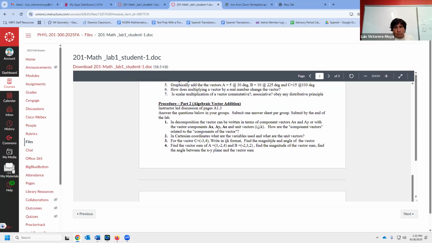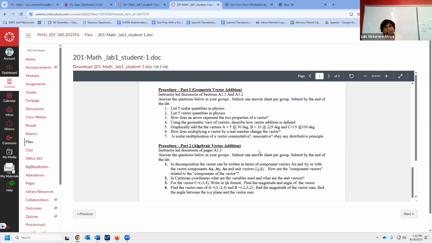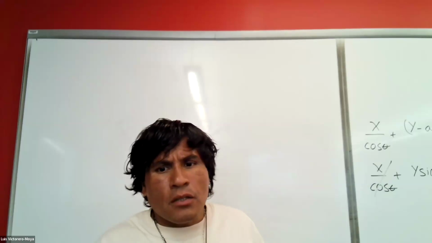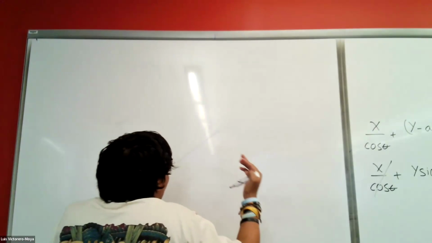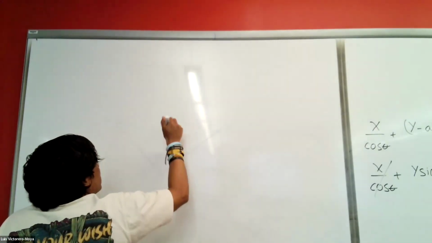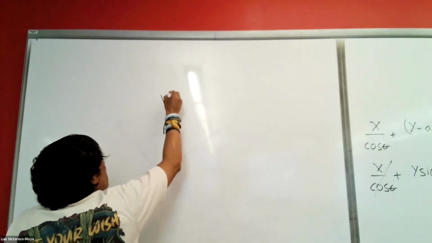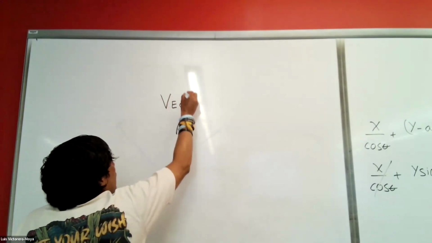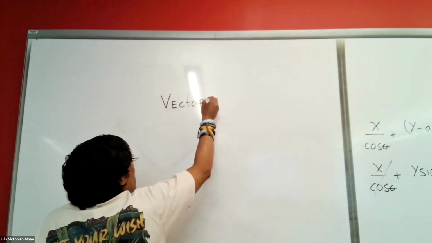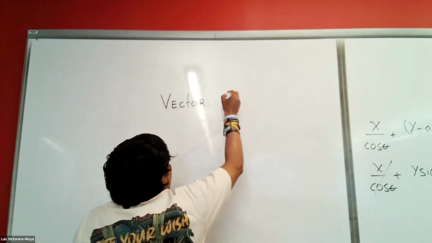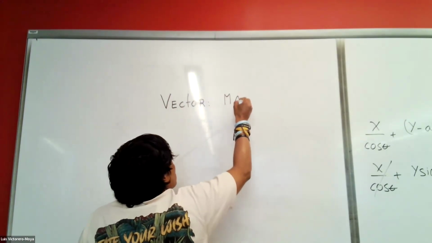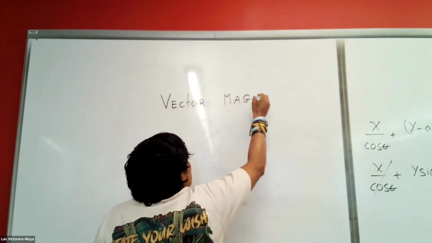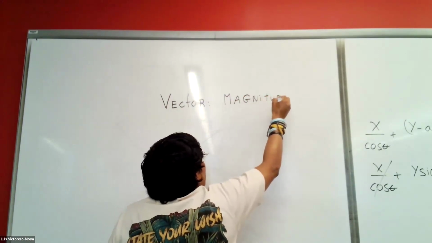So, for example, in section 1, you have list scalar quantities and vector quantities. You see, a scalar quantity is any quantity that has magnitude. So remember, a vector quantity, or a vector, is a physical quantity that has magnitude and direction.